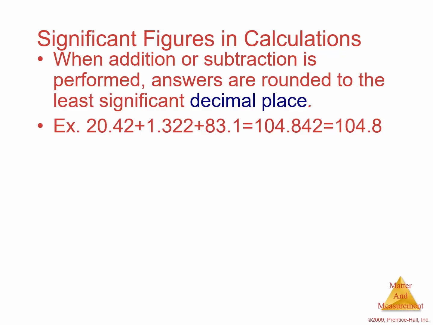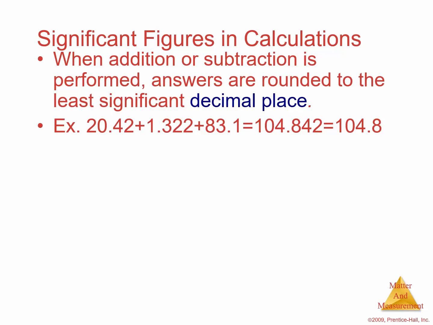So we start with addition and subtraction. When addition or subtraction is performed, answers are rounded to the least significant decimal place. Suppose in this example you want to add these three numbers. Notice that this number has 2 decimal places, this number has 3 decimal places, and this number has only 1 decimal place.